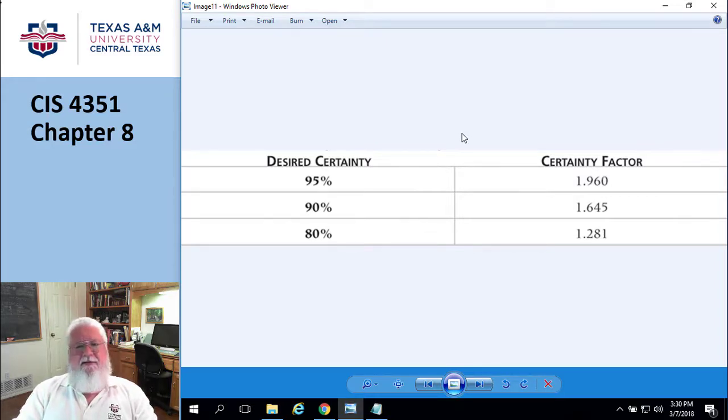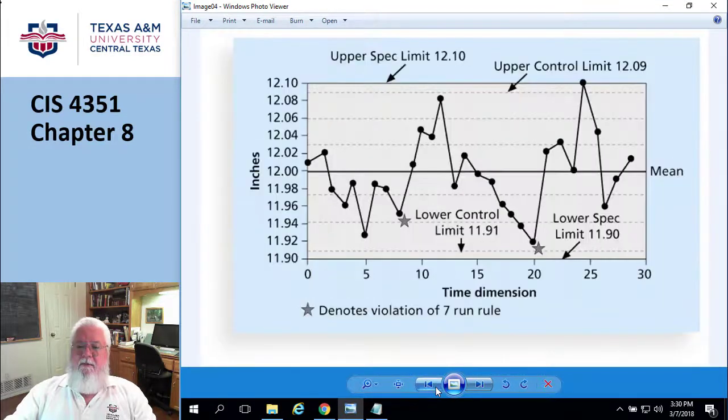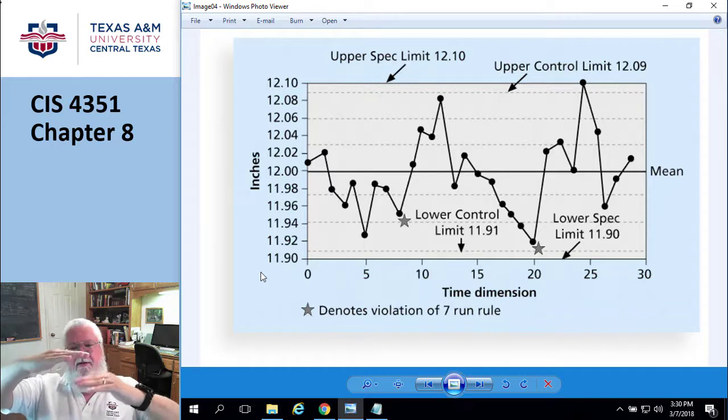Six Sigma here is the name of a quality control philosophy that basically goes back to this guy over here and says, we're going to use charts like this, and instead of just allowing the upper limit to be 12.1 and the lower limit to be 11.9, as we get better and better at making it float in the middle there at the 12 level, we're going to start making it more difficult.